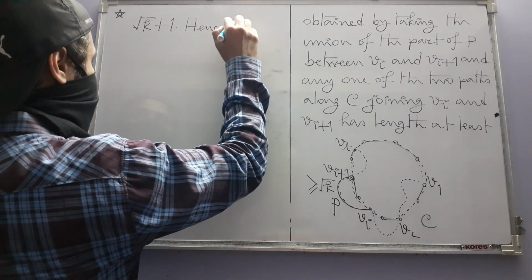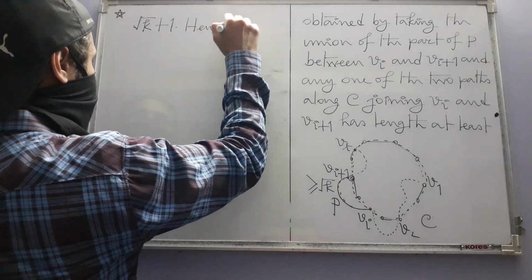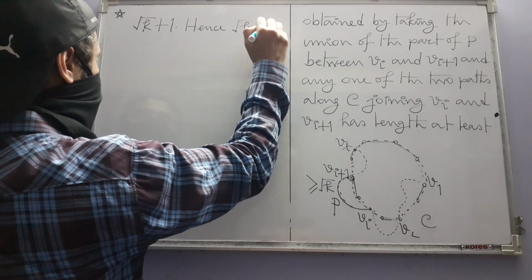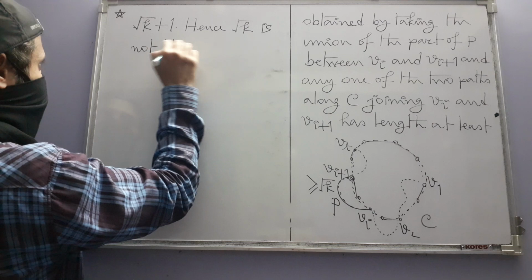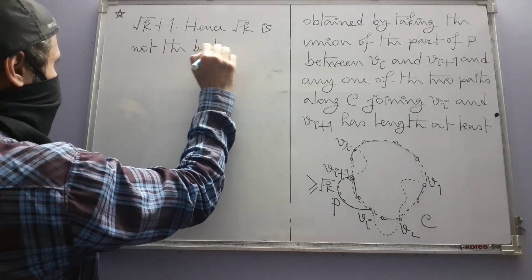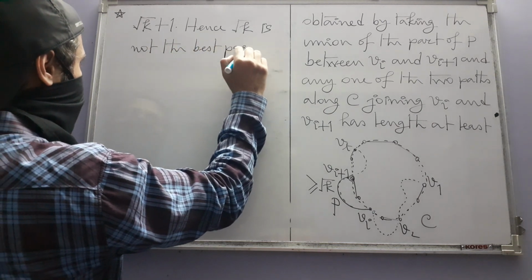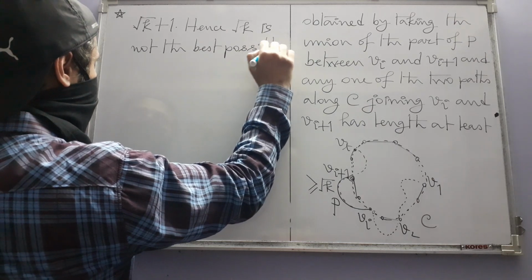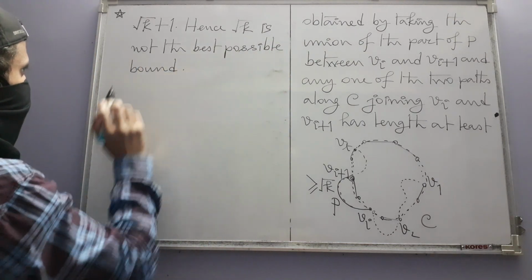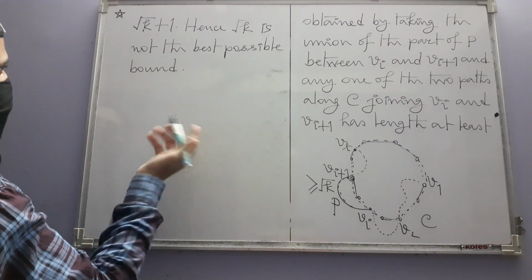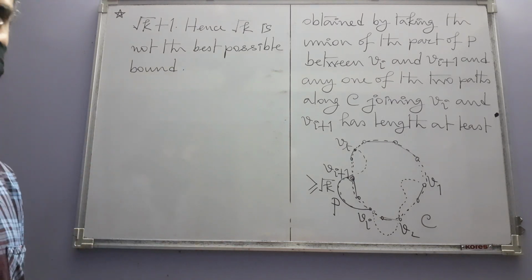Hence, root k is not the best possible bound, and that is the solution.